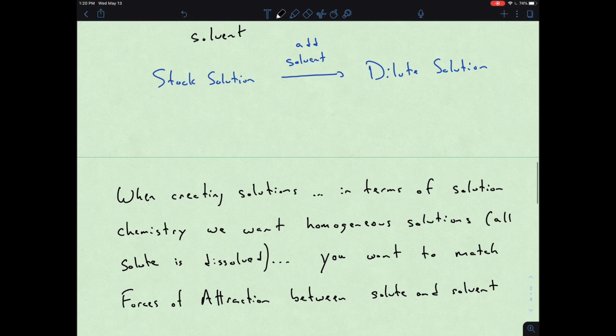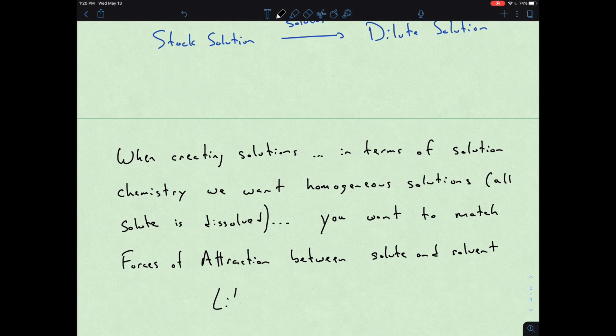So we're looking at a like dissolves like scenario.